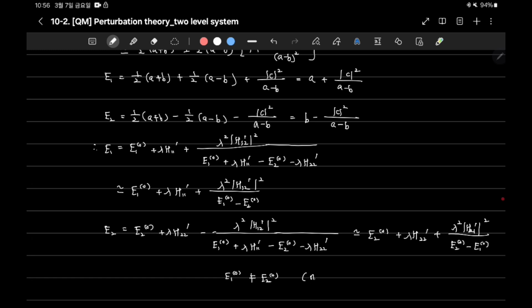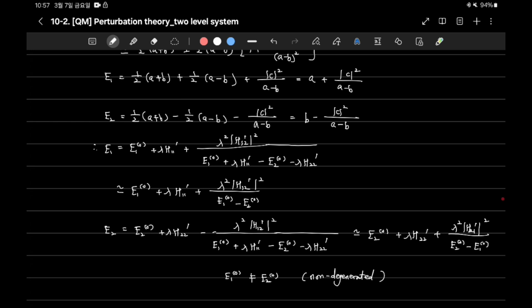It is non-degenerate, so we call it non-degenerate perturbation. What about the degenerate case? The degenerate case should have a different theoretical formulation, so here we are restricted to non-degenerate perturbation.